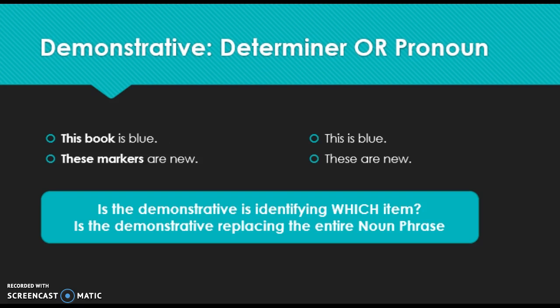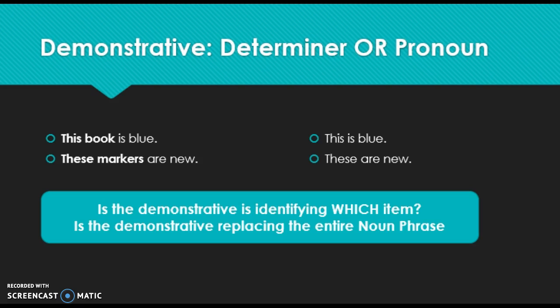Now, we're going to compare and contrast determiners versus pronouns, because these words, this, that, these, those, can also function as a pronoun in the structure of the sentence. So let's compare these. We could say this book is blue, or we could say this is blue.